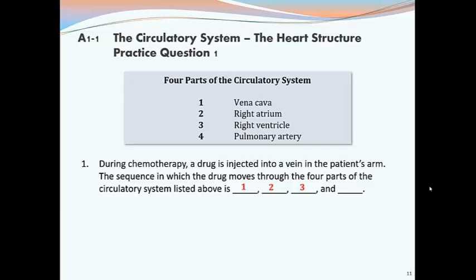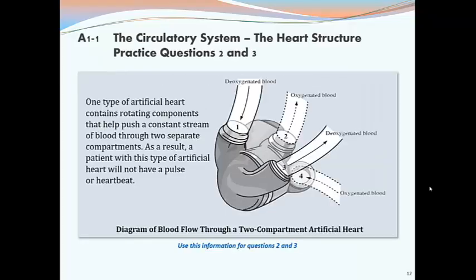So that's an artery, but it's going to be deoxygenated blood. And usually arteries carry oxygenated blood, but because it is finally the pulmonary artery, that blood is going to get pumped away from the heart, going towards the lungs to become oxygenated. 1, 2, 3, 4. It doesn't get more simple than that.